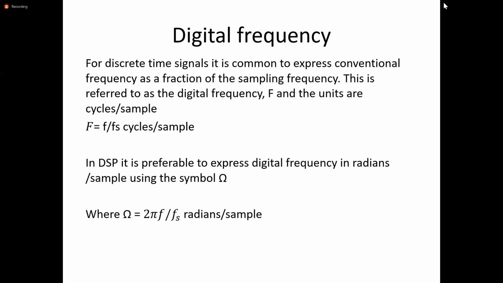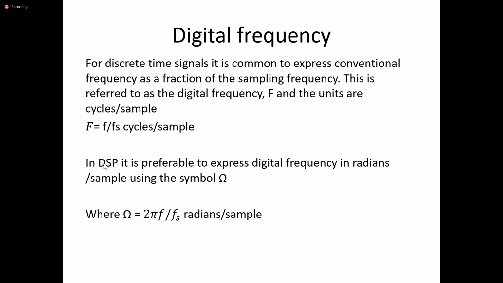Or digital frequency, as shown here in terms of cycles per sample, is always going to be less than about 0.5, because your frequency of interest, F, shown here, should always be less than half of your sampling frequency. Hence, your digital frequency is going to be something, as I said, less than 0.5.